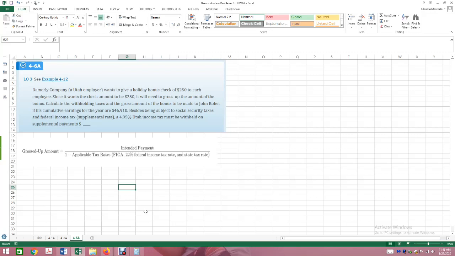You have to calculate the withholding taxes and the gross amount of the bonus to be made to John Rowland if its cumulative earnings for the year are $46,910. Besides being subject to Social Security taxes and federal income tax, a 4.95 Utah income tax must be withheld on the supplemental payment.